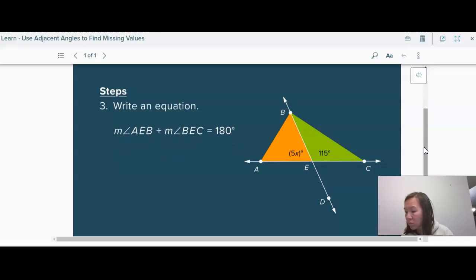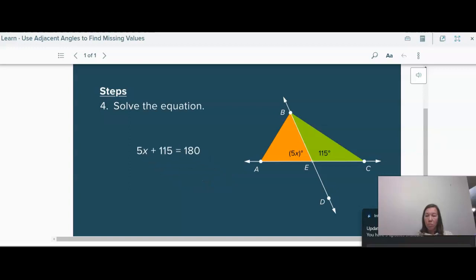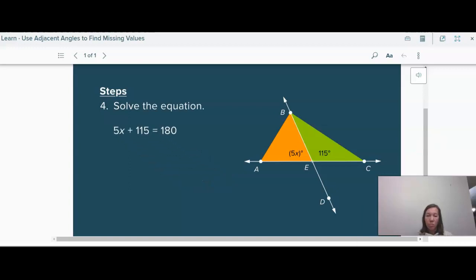Write an equation by substituting for each angle measure. The measure of angle AEB is given by the expression 5x. The measure of angle BEC is 115 degrees. The last step is to solve the equation to find the value of x. The value of x is 13.